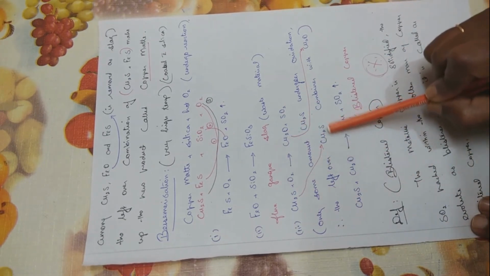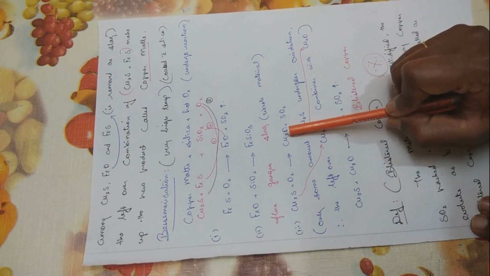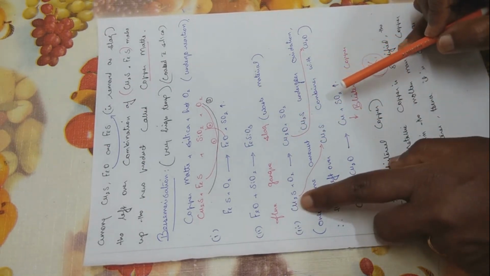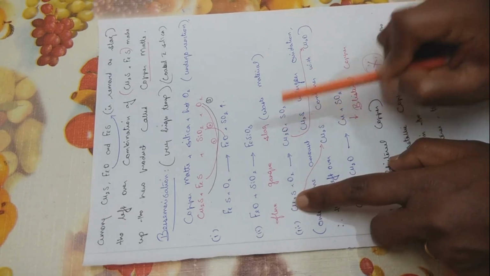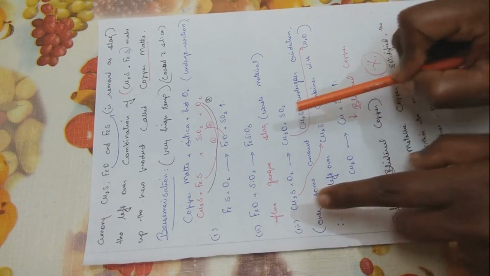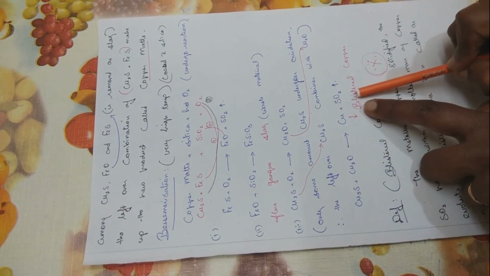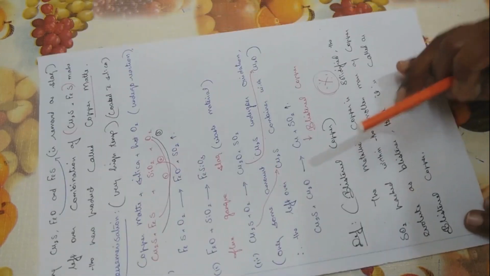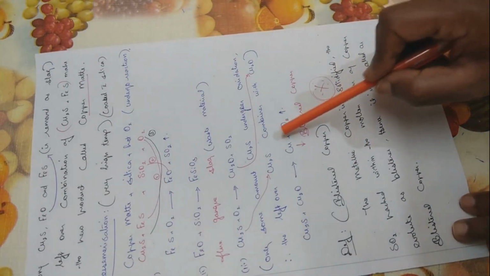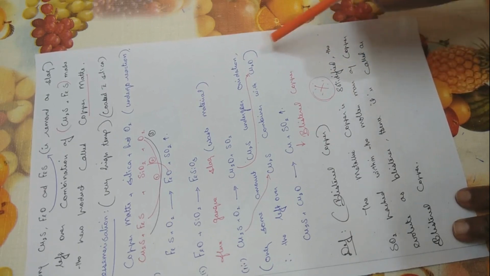The leftover copper sulfide combines with the copper oxide formed here. So copper sulfide is from here, and the copper oxide is the newly formed one. Together they react to give us something called blister copper along with sulfur dioxide. Now what is the meaning of blister copper? The copper that we get here is almost 98% pure.